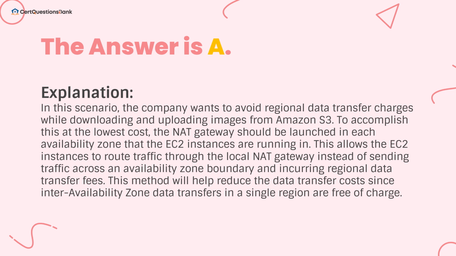This allows the EC2 instances to route traffic through the local NAT gateway instead of sending traffic across an availability zone boundary and incurring regional data transfer fees. This method will help reduce the data transfer costs since inter-availability zone data transfers in a single region are free of charge.